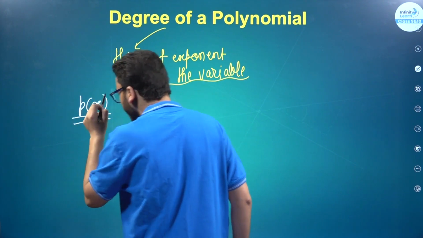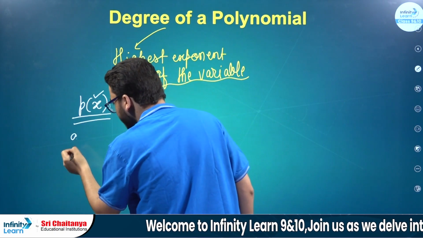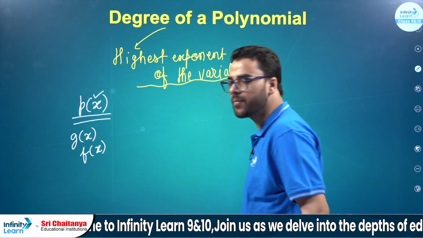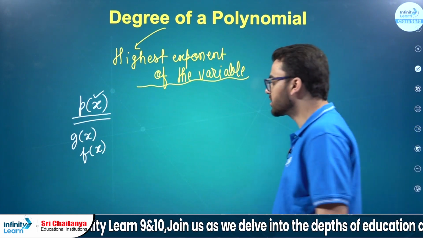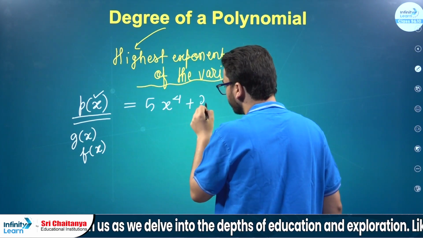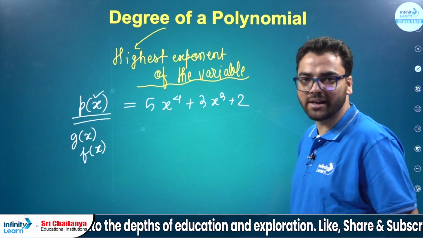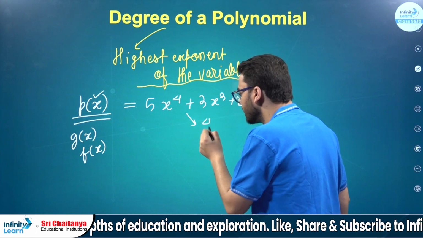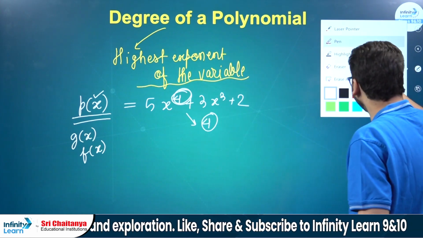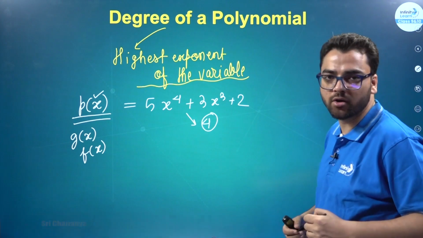You represent a polynomial like this. It means polynomial in variable x. You can also represent it like this: g of x, f of x. It is not hard and fast to take p of x only, right? Now suppose I'm taking a polynomial over here. So what is the degree of this polynomial? The degree of this polynomial is 4. The highest exponent of the variable in the polynomial is its degree.